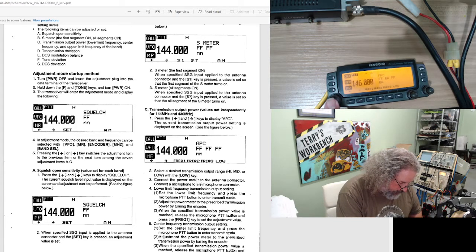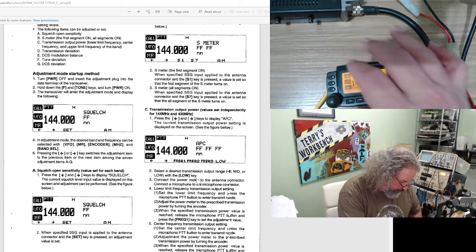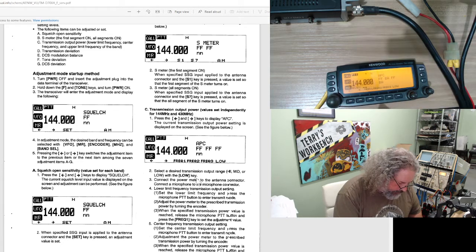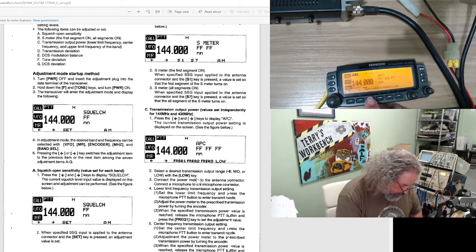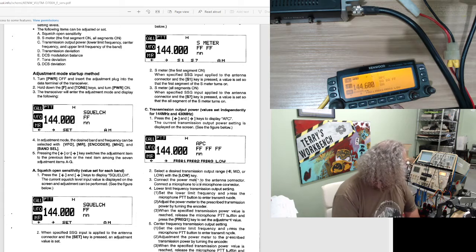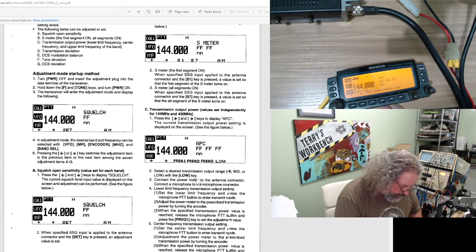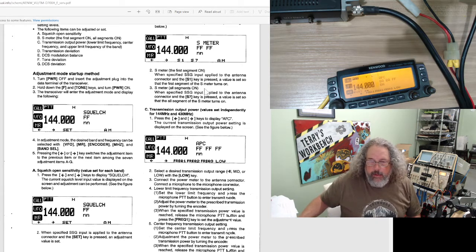So we went all the way to 444 even. So that's our lower limit. It's frequency 1. All right. Okay.